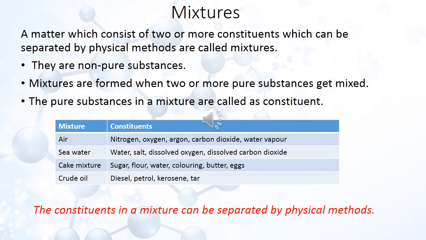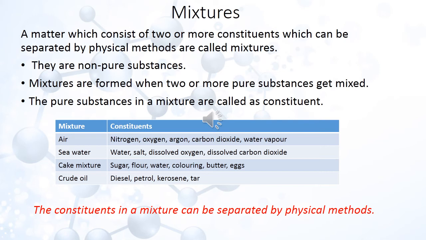Mixtures. A matter which consists of two or more constituents which can be separated by physical methods is called a mixture. The constituents in a mixture can be separated by physical methods. Elements couldn't do that.